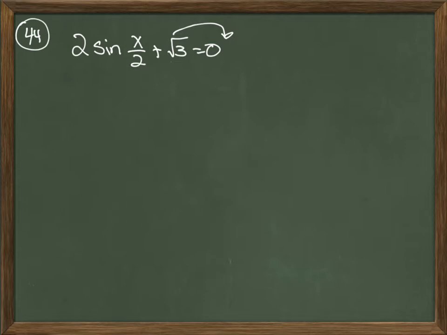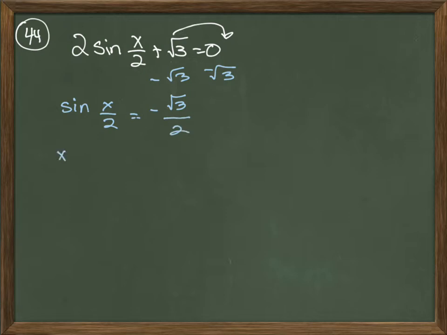How do you get sine x halves by itself? What's the first step? Subtract the square root of 3, and then divide by 2. Thank you. So sine x over 2 equals negative square root of 3 over 2.